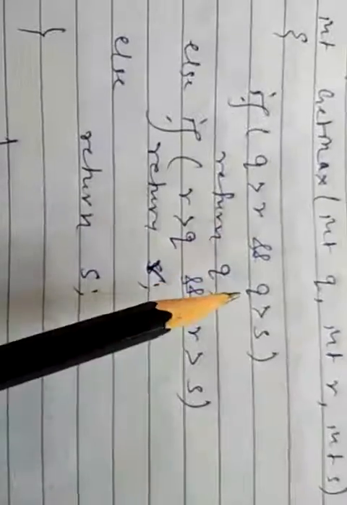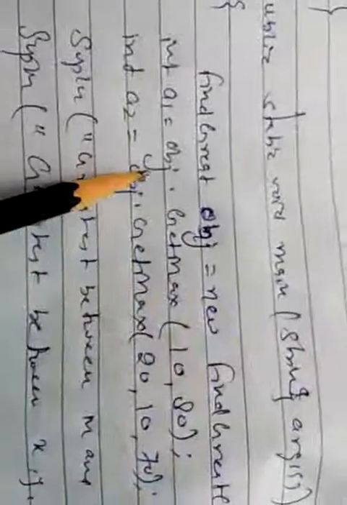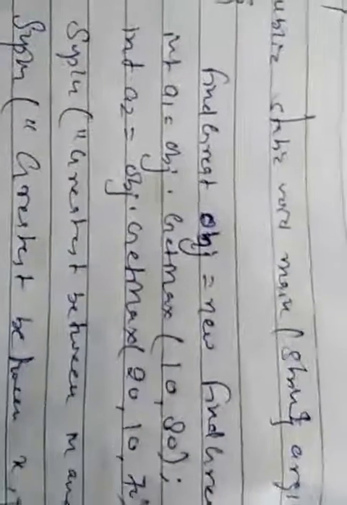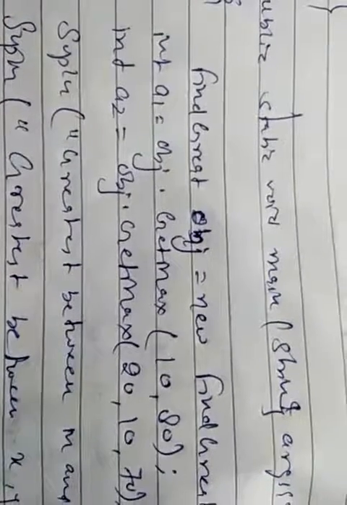The first condition is: if q is greater than r and q is greater than s, then return the value of q. If r is greater than q and r is greater than s, then return the value of r, otherwise return the value of s. And in this question we have to make the main function. First we create the object of the derived class, FindGreat obj equals new FindGreat, and here we are calling the function getMax, which is the base class function that requires two values.